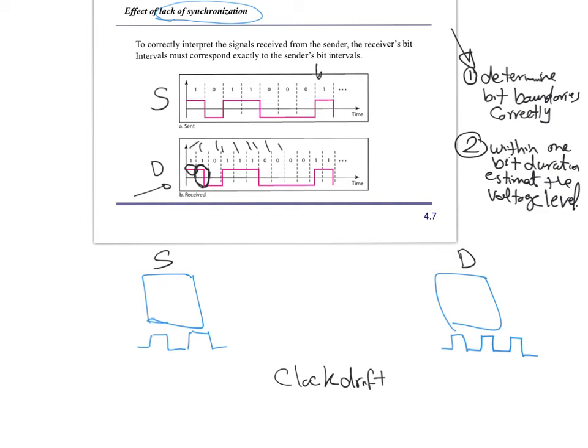Even if you try to make the properties here and here the same to generate the clock, they will not have 100% identical clocks. Why? Because of the hardware impairments.